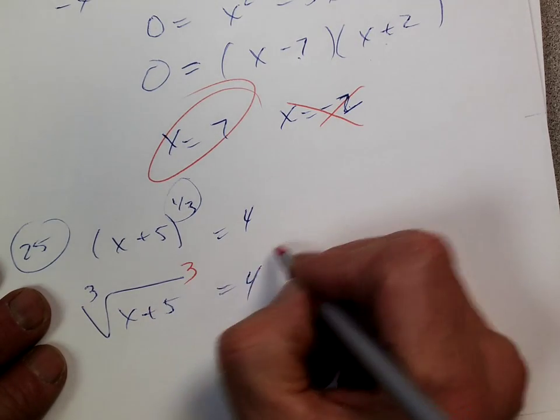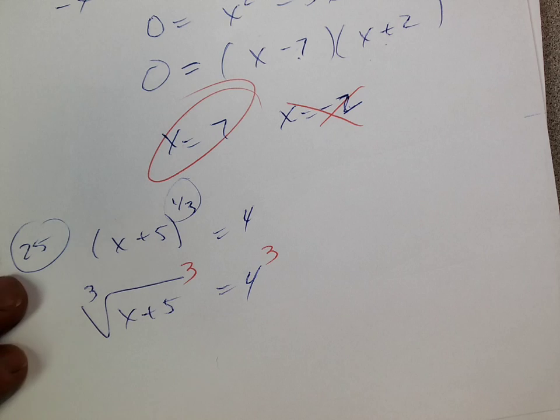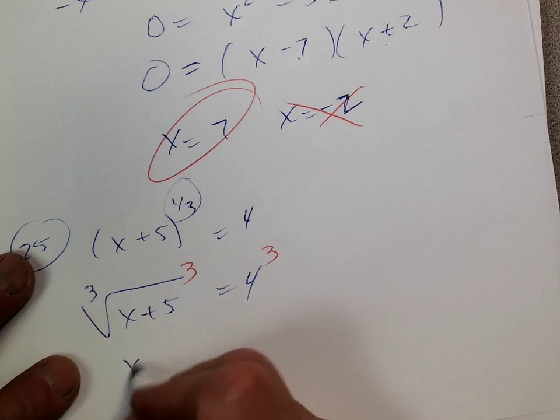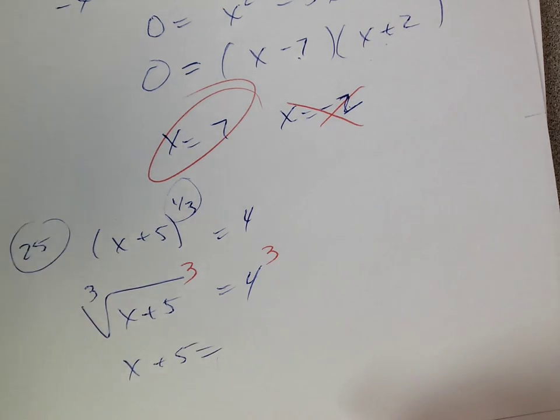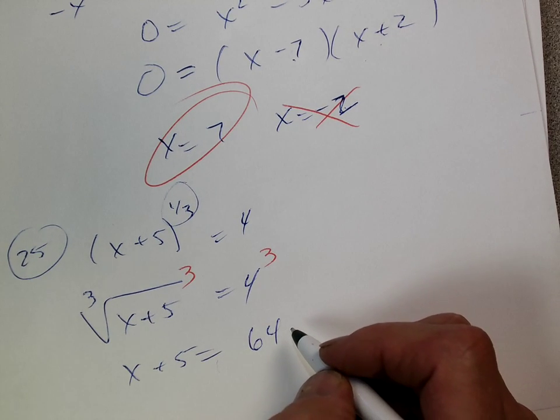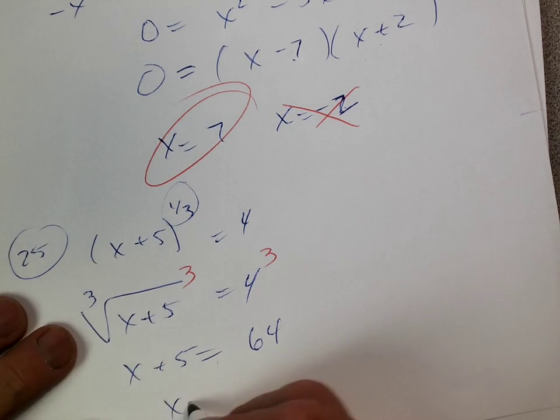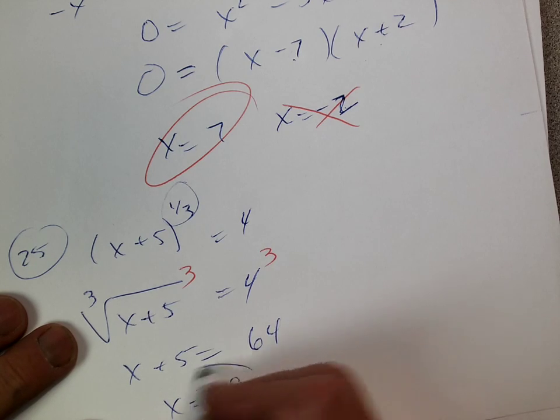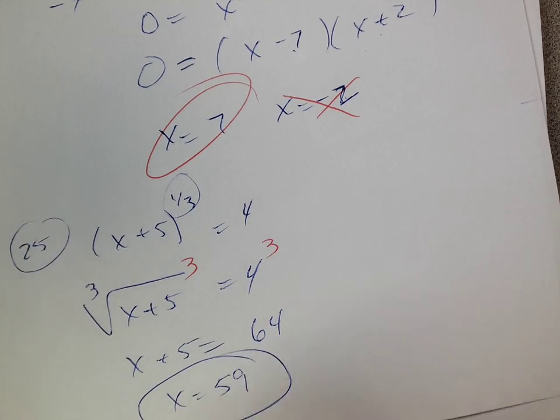Cube it, right? Cube it. Cancel it out. X plus 5 equals 4 times 4 times 4, which is 64. Minus 5, x is 59. That is all she wrote.